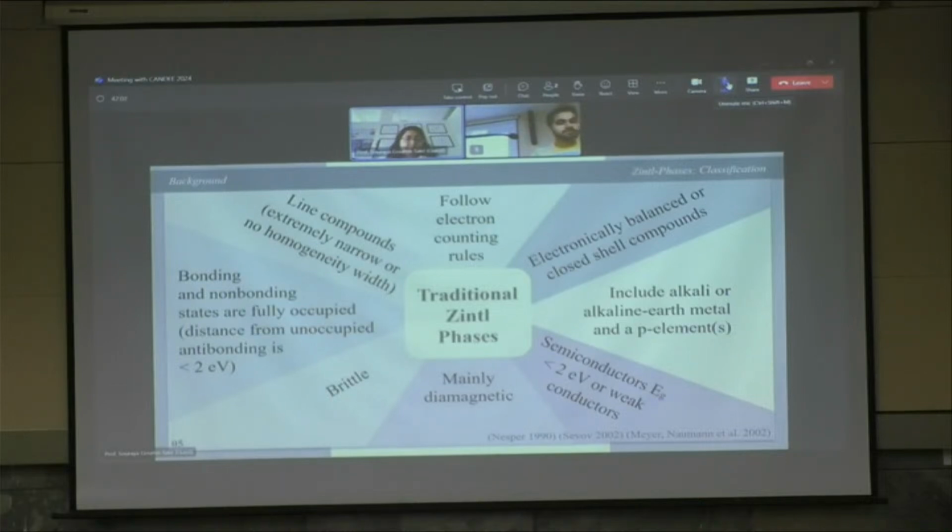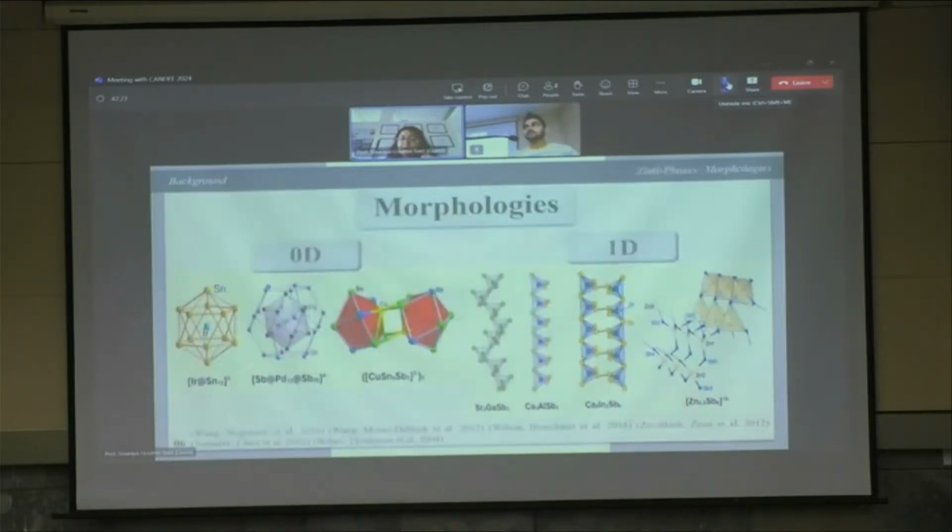Their bonding and non-bonding states are fully occupied and sometimes unoccupied. So we know a lot of things about them. So we started dealing with them, especially when they have cross-check compounds. And sometimes, of course, you can find electronic semiconductors or metals. So how can we see the Zintl?